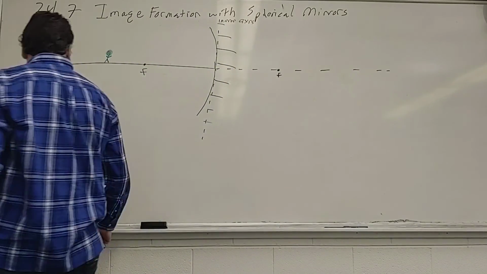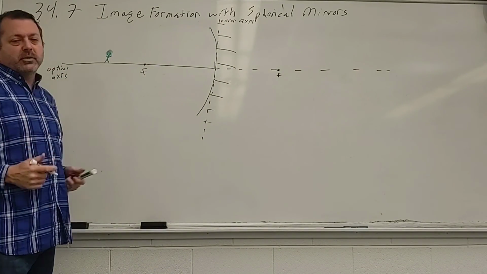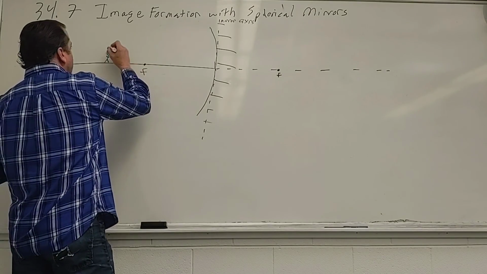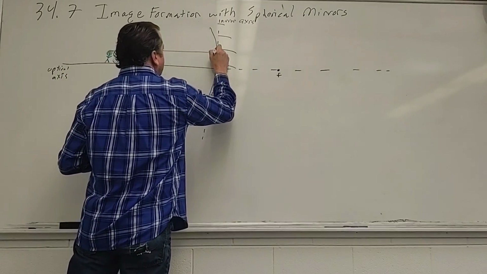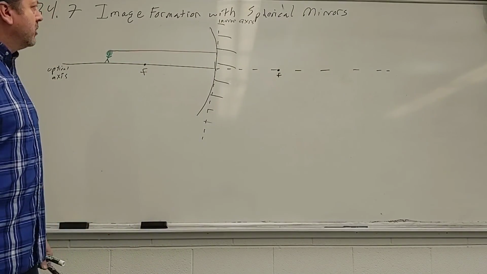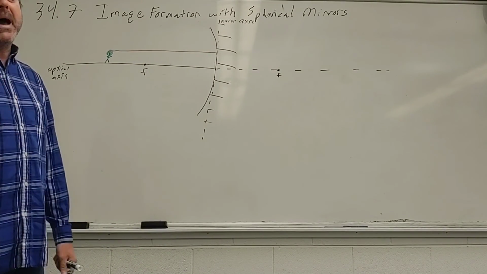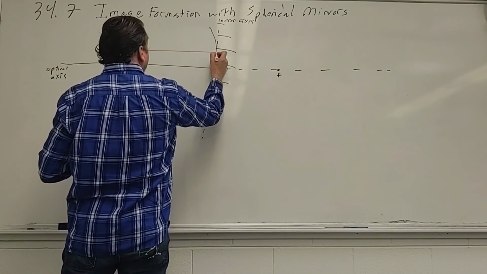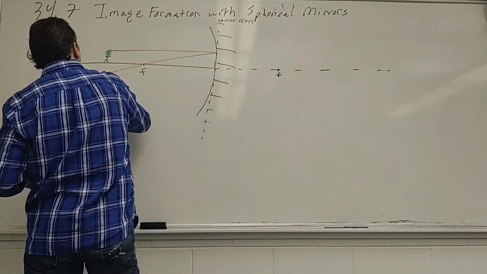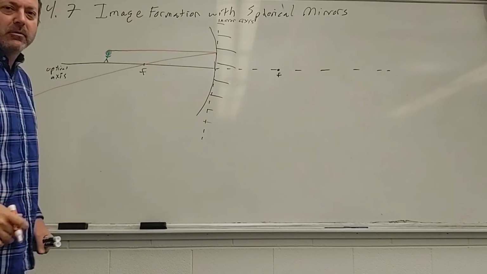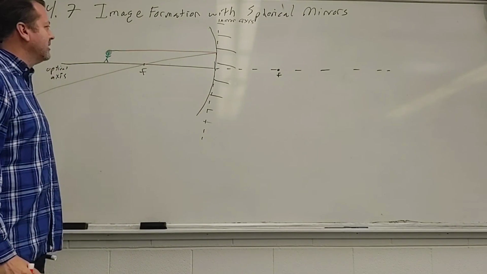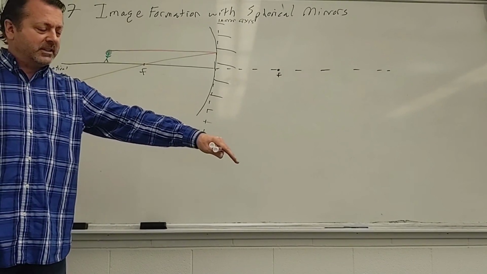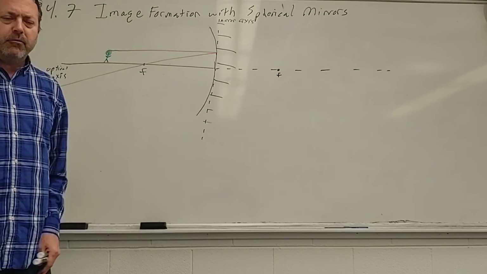Okay. All right. Let's use our three special rays. First one's going to go straight in to the lens, or in this case the mirror, and back. This is going to be back through the focal point. So it's going to be back through here. The next one would go through the center of it and not be refracted.